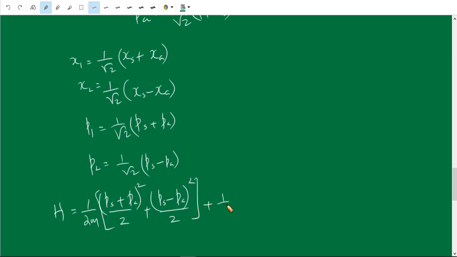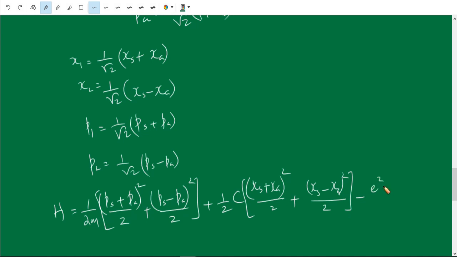Plus half C x1 square, where x1 is xs plus xa by root 2, plus (xs minus xa) whole square divided by 2, minus e square by 4 pi epsilon 0 r cube into 2x1 x2.